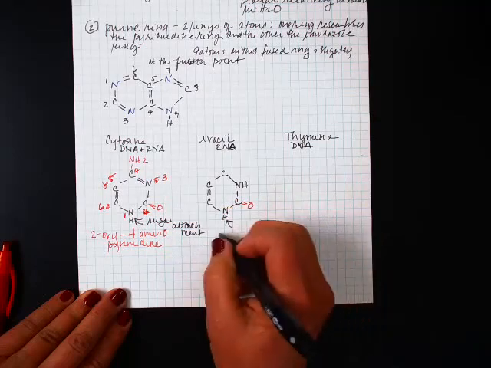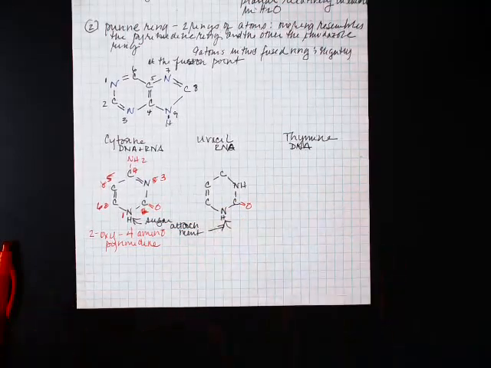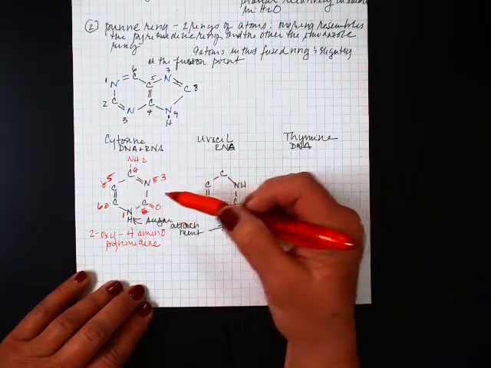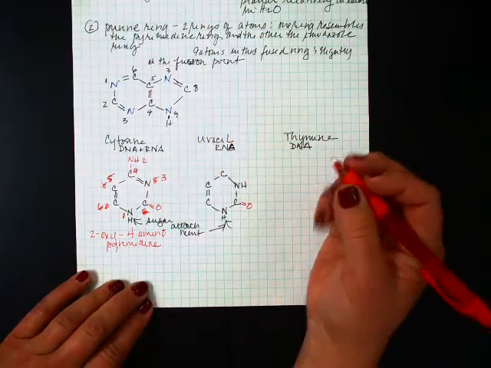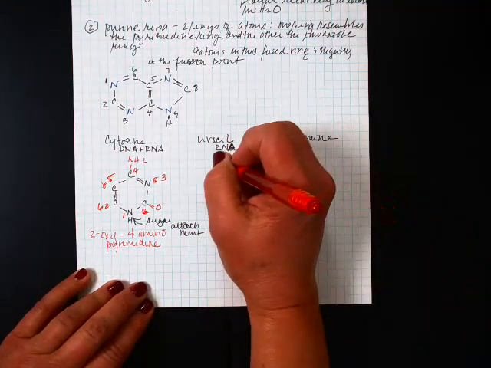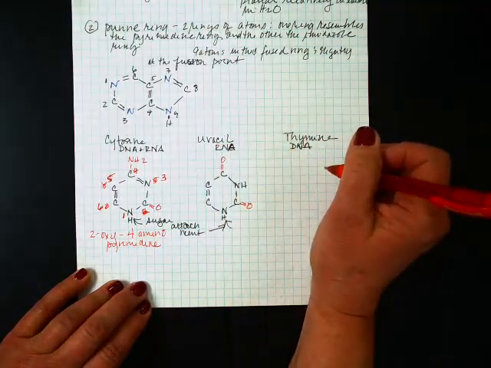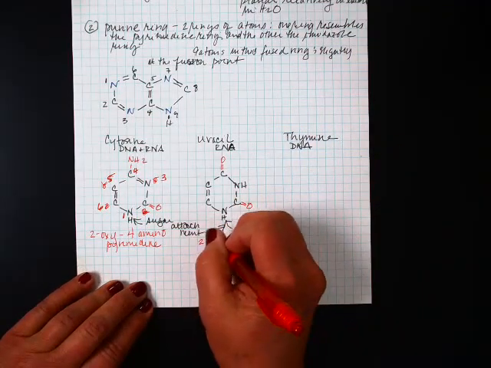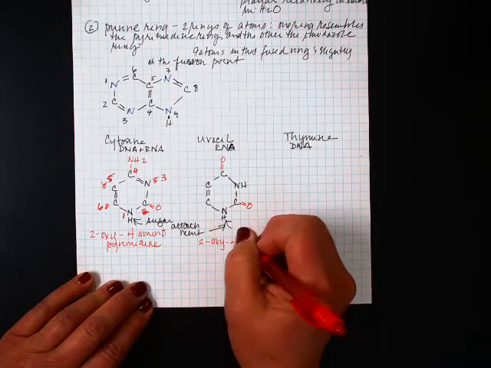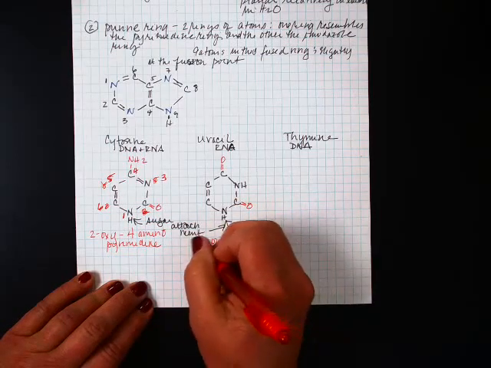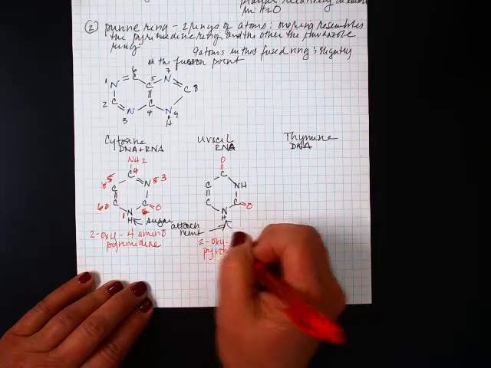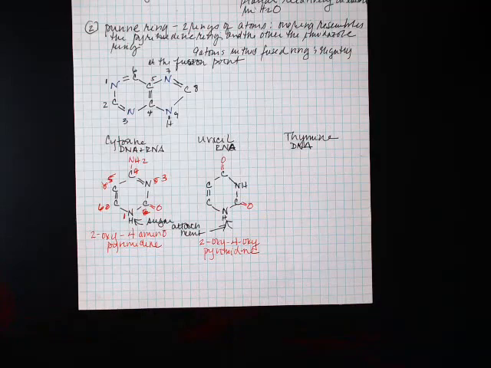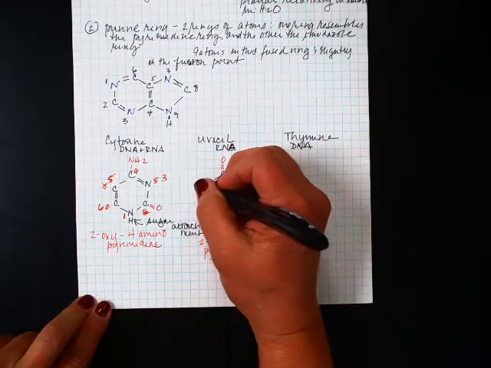So, sugar. The difference between uracil and cytosine is in the 4 position, where we change that amino group to another carbonyl group. So this is named 2-oxy 4-oxy pyrimidine. And of course, I'm not drawing in all the H's, but there are other H's here.